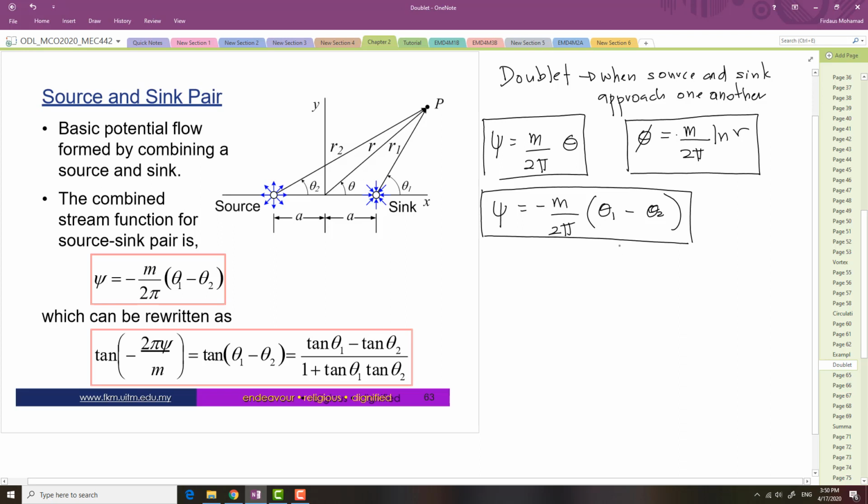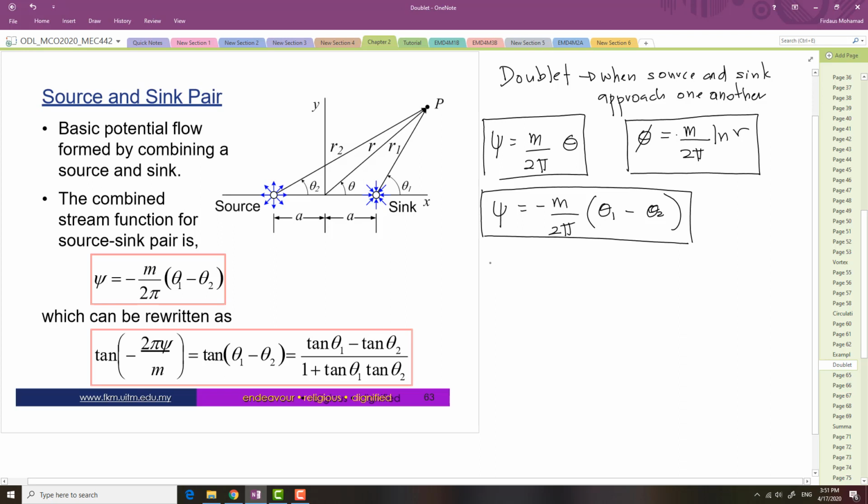Okay, so to develop the psi or stream function, now we are only given theta 1 and theta 2. To start developing, we start with tangent. Tangent equals tangent of this angle.